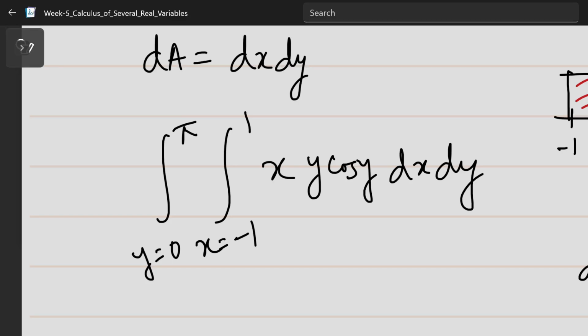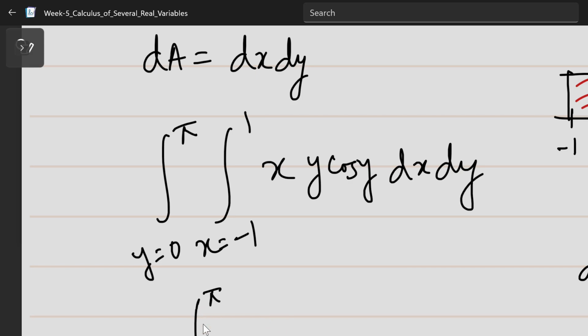In every problem, both the horizontal and vertical strip will give the same answer, with the same limits for both. Limit means where x is varying and where y is varying. So the answer is also the same, so I'm not changing the order of integral.